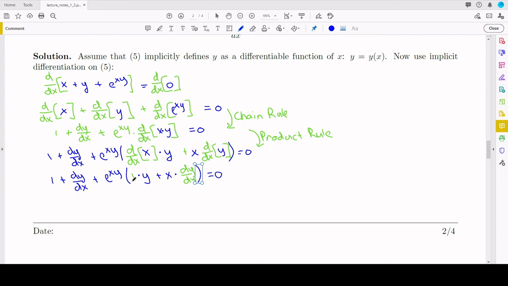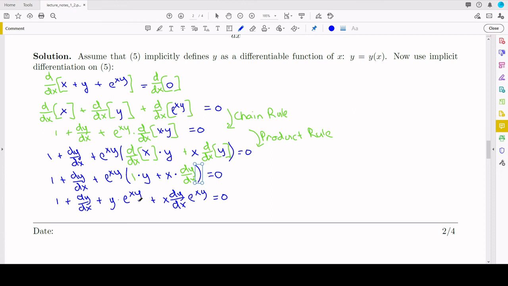Okay, now let's simplify this a little bit by multiplying this out. So we get 1 plus dy/dx plus y times e to the power xy, and then plus x dy/dx e to the power xy equals 0.